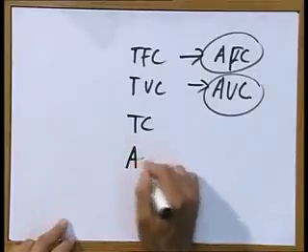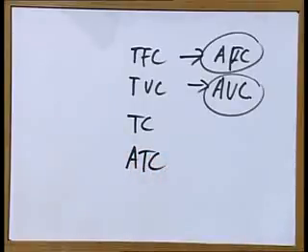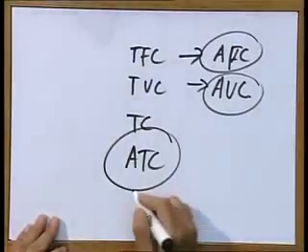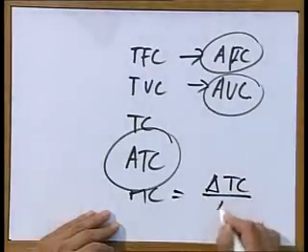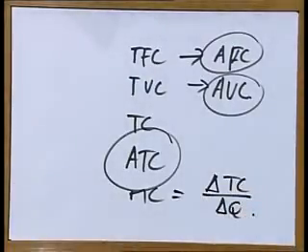And then we calculated ATC, which is basically the average cost per unit: how much it costs the producer or the firm to produce 1 unit. And this is very important. And then lastly, we calculated the marginal cost of production. The marginal cost is the change in total cost divided by the change in quantity. That means basically what additional cost you incur by increasing your output by a certain number of units.